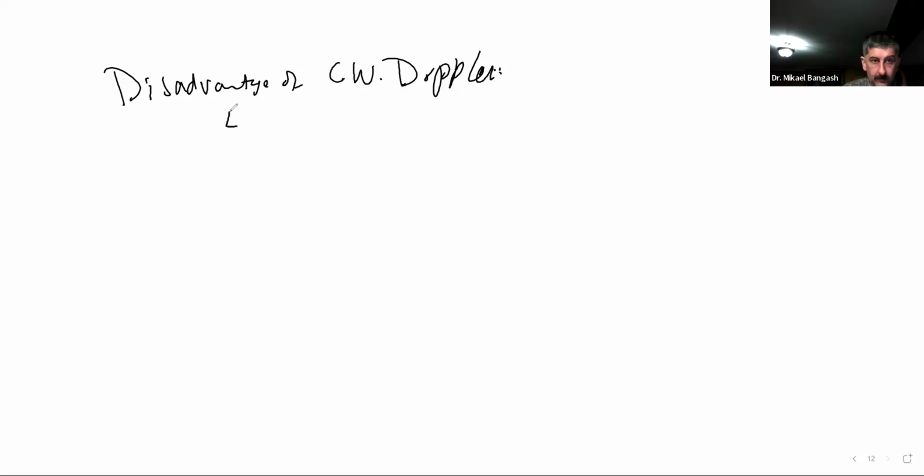That is going to be the range ambiguity, unlike the pulsed wave Doppler that was site specific.